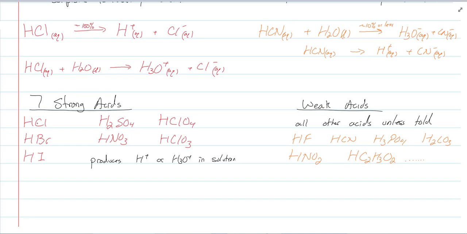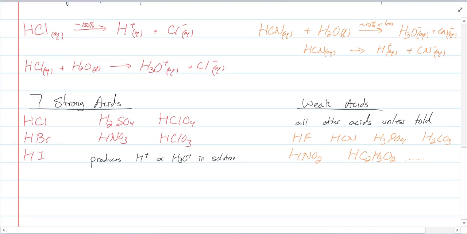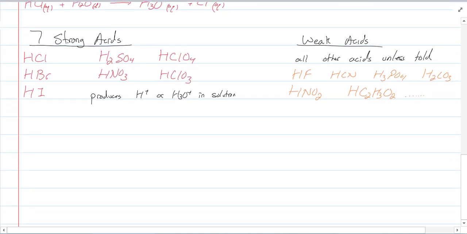Weak means less H plus in solution, less of a conductor, but it has nothing to do with how dangerous, toxic, or deadly. Don't think strong, dangerous, weak, safe. That's what I thought when I was in your shoes at first, but that's not what it means. It just has to do with how they conduct electricity. So those are the acids. There's 7 strong acids, and everything else will be weak unless otherwise told.